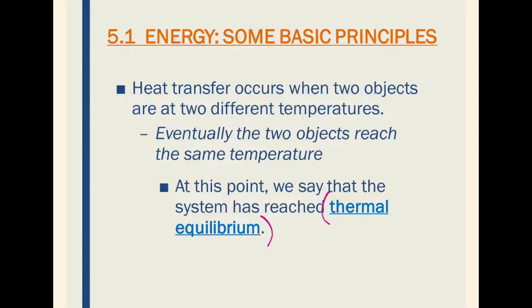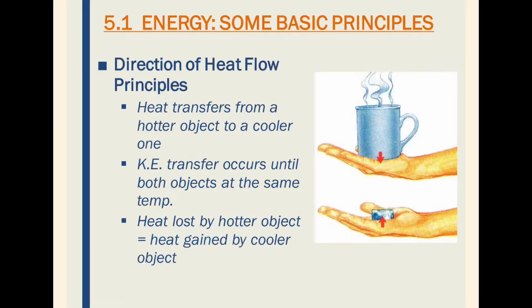So if you put an ice cube near a warm mug of coffee, or even better, if you just put an ice cube in a hot cup of coffee, that coffee and that ice cube ultimately will end up at some temperature in between their original starting temperatures. And once they've reached that same temperature, kind of a lukewarm most likely, we would say that they have reached thermal equilibrium, or the system has reached thermal equilibrium.